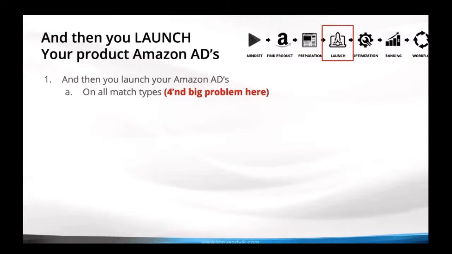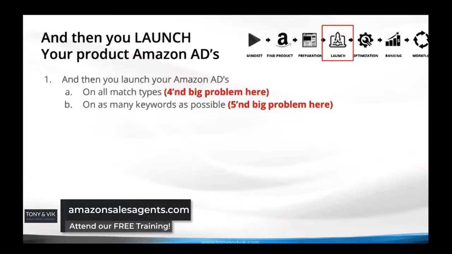Problem number 4, a big problem, is running ads on as many keywords as possible. I was stuffing keywords into Amazon ads like: make me sales, bring me money, I want to get rich, I want this product to shoot off. That's your goal, that's what you want.